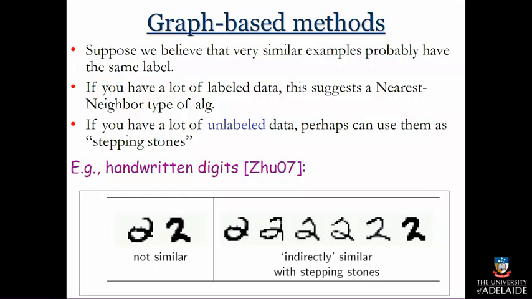If we look at those examples as a whole, you are now more confident to predict these 2 digits will have the same label. So these 4 digits in between serve as stepping stones. That's the high-level idea.